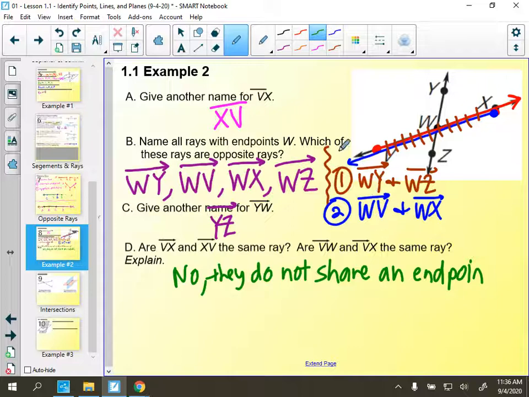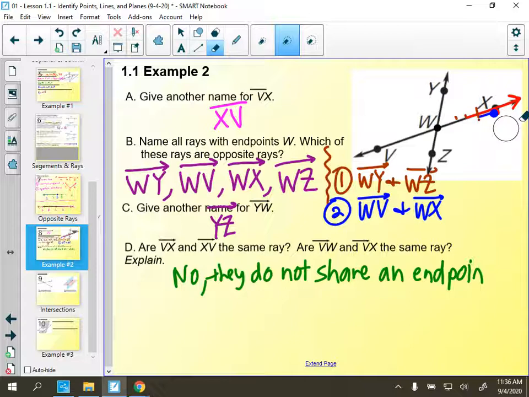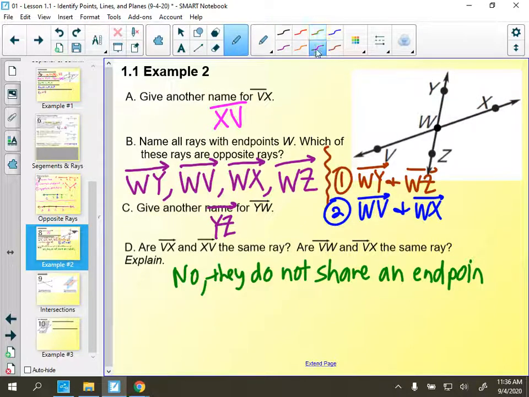Let's take a look here. Last one. Ray VW. Okay, going back to some colors here. Are ray VW and ray VX the same? I think when we use the colors and highlight, it's very clear that yes, they are the exact same ray. So I'm answering the second question, different color here. Same endpoint.